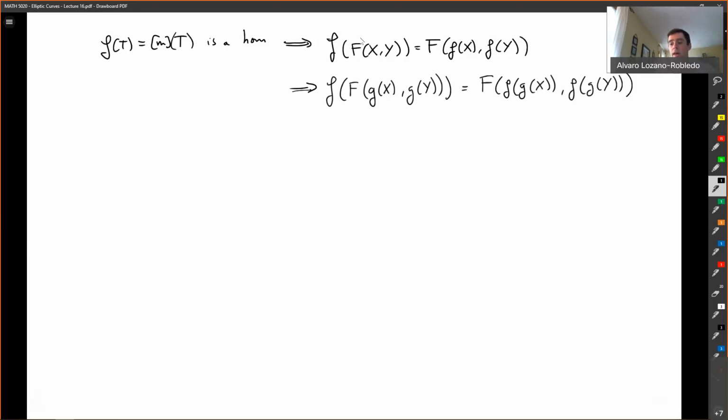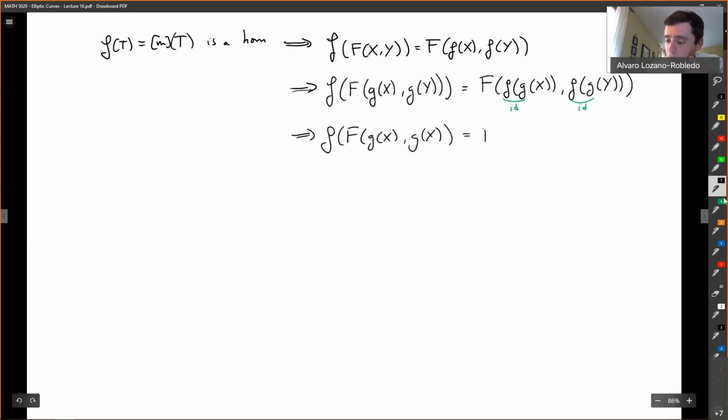Now I know that the property of this g that was given by the lemma is that f(g(x)) is actually the identity. This is the identity, and this is the identity. So this tells me that f(g(x), g(y)) equals f(x, y).